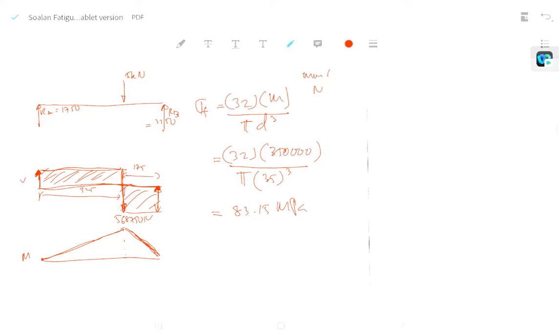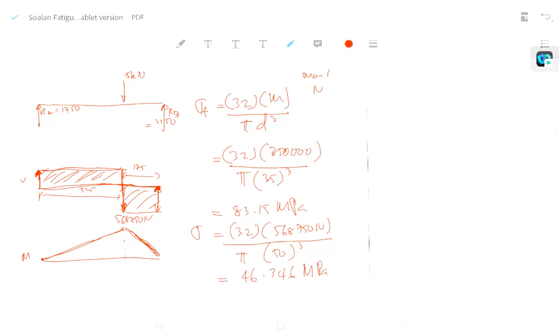So the bending on the force, the diameter is 50. So we got 32 times 568,750 Newton millimeter over pi times the diameter 50 millimeter to the power of 3. Then you will get 46.346 megapascals.